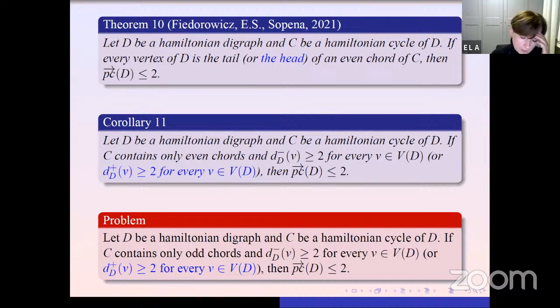And from this theorem it follows that if we have a Hamiltonian digraph and C is a Hamiltonian cycle, and if C contains only even chords, and each vertex has in-degree at most 2, then the proper connection number is at most 2. And it is also true when we replace the in-degree by the out-degree.